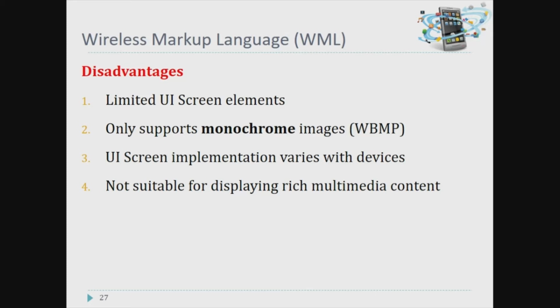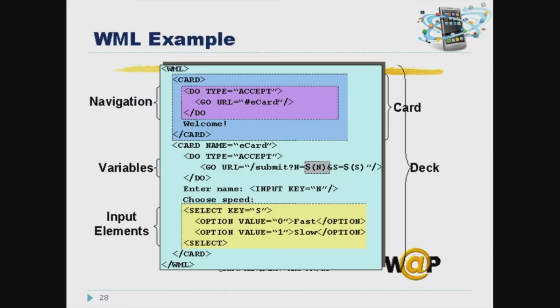Number three, UI screen implementation varies with devices, as we discussed previously, depending on the capability of the device. And number four, not suitable for displaying rich multimedia content. It is good at displaying text, but not rich multimedia content. What is rich multimedia content? A lot of videos, graphics, images. Not suitable using WML.